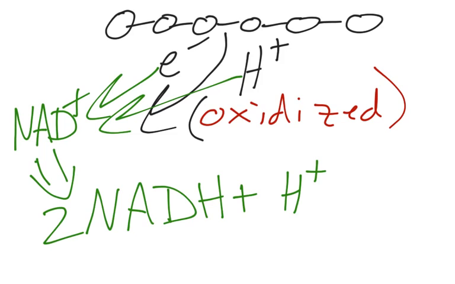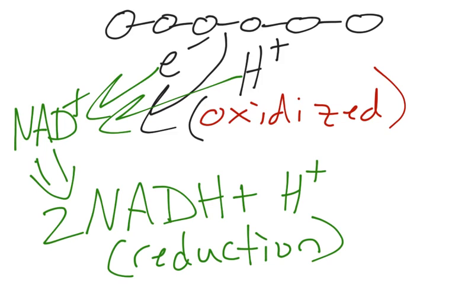Now, oxidized was losing the electrons. When NADH gains those electrons, we call it reduction, or being reduced. The reason is that it's reduced in charge. When you gain an electron, you become more negative, because electrons are negative. So it's reducing the charge.